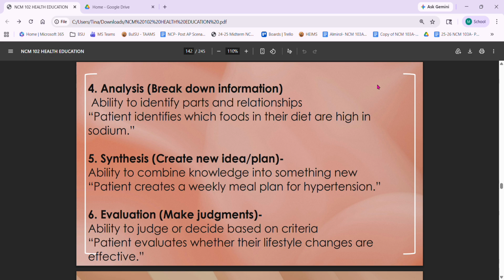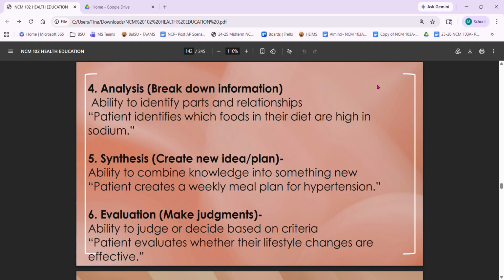Synthesis is you create a new idea and plan. Your ability to combine knowledge into something new. So, patient creates a weekly meal plan for hypertension. And then, evaluation, you make judgment. So, your ability to judge or decide based on the criteria. So, patient evaluate whether their lifestyle change are effective.